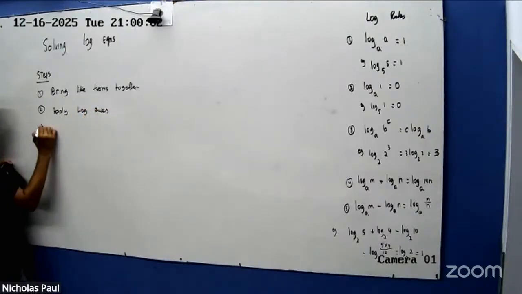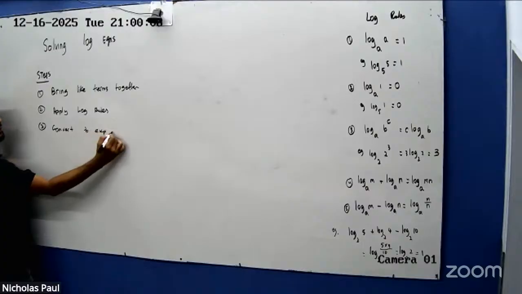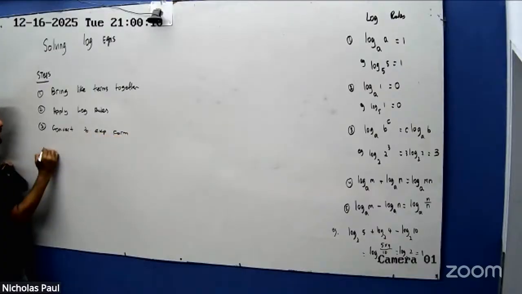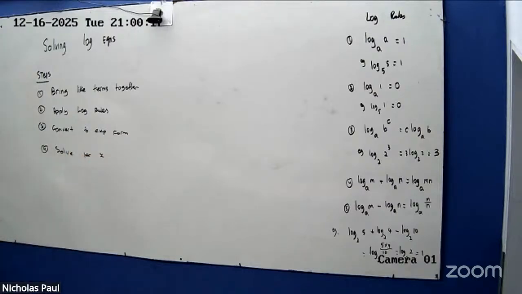And the third thing that generally happens after that is that it converts to exponential form. And lastly, solve for x. So these are generally the steps that we're going to take. Right? We're going to start with some easy ones and then go a little bit harder, right?